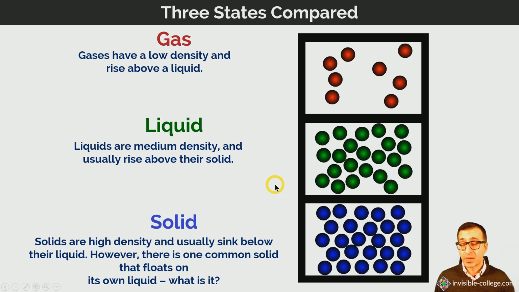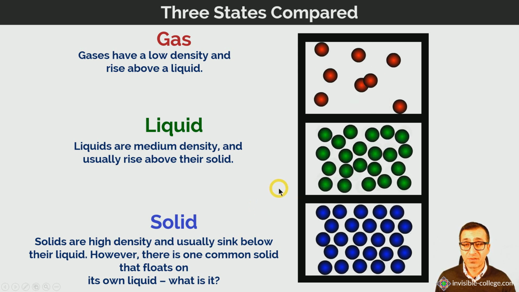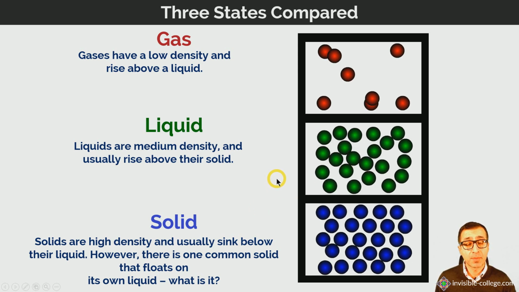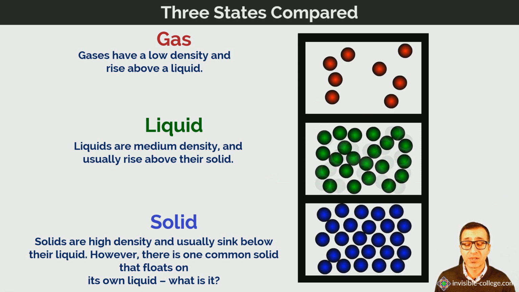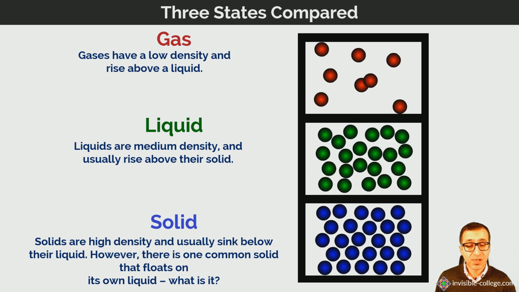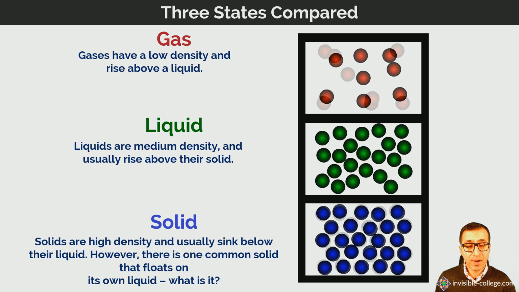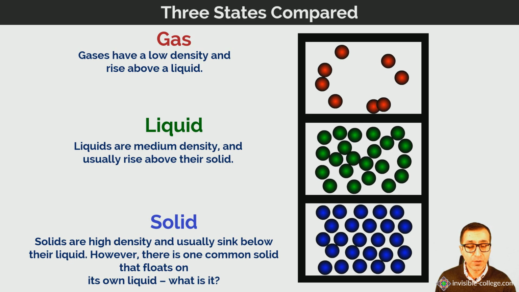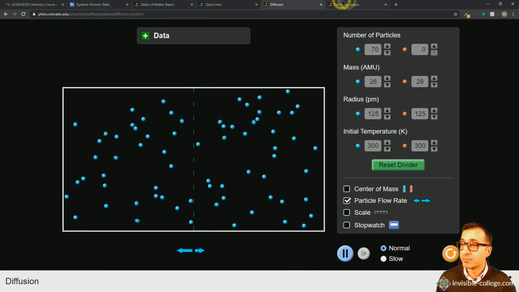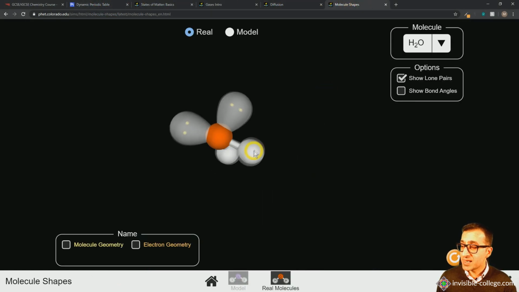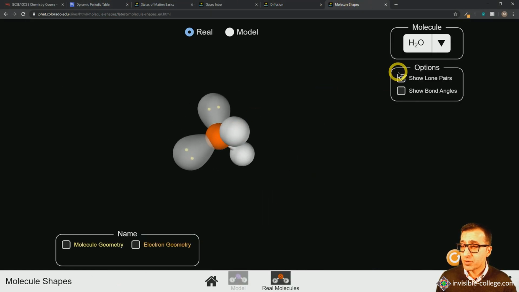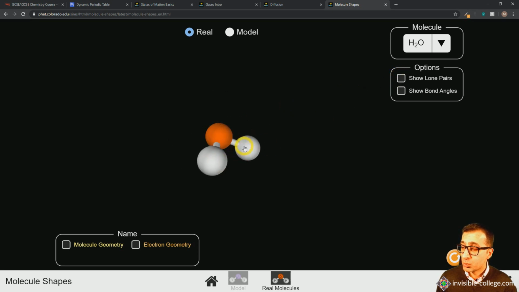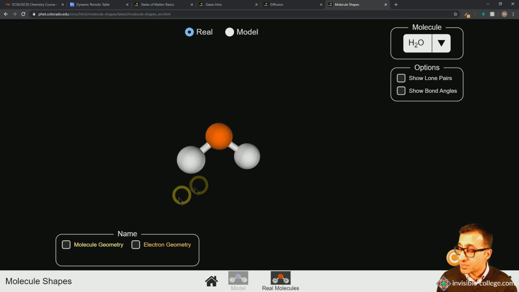Now this is unusual, and the reason for this is because of the very special type of intermolecular forces that operate within water. In water, the particles are arranged in a particular way which reflects their geometry. So if we take a look at a water molecule again here, we can see that in terms of its atoms, if I remove the lone pairs of electrons, the water molecules have this V or bent shape.